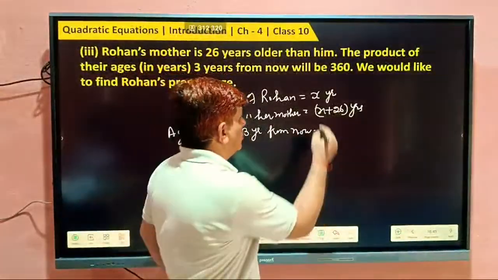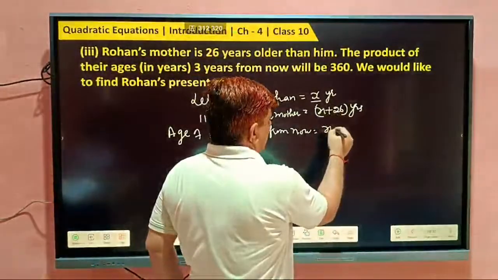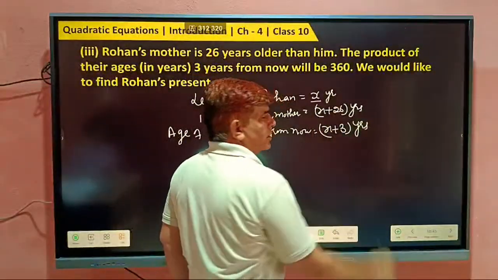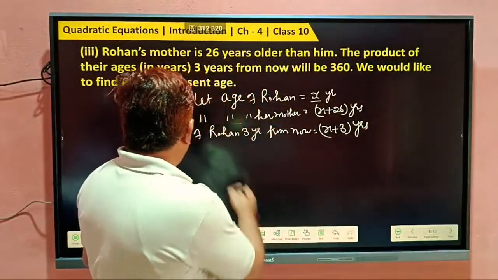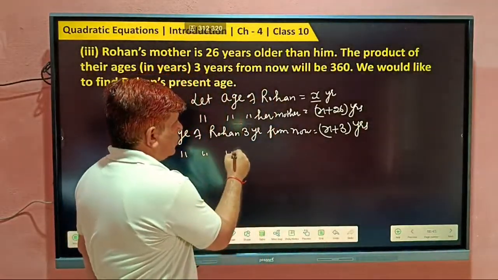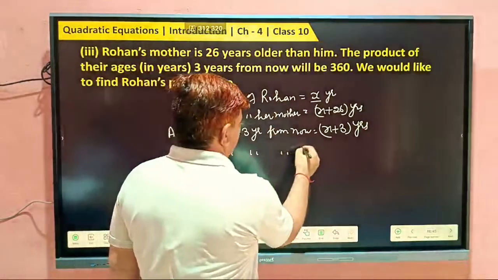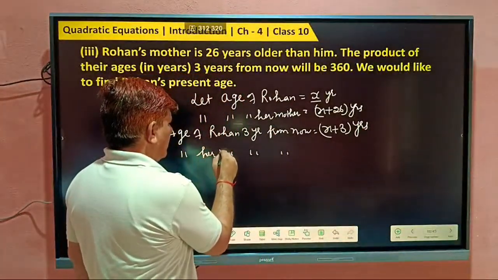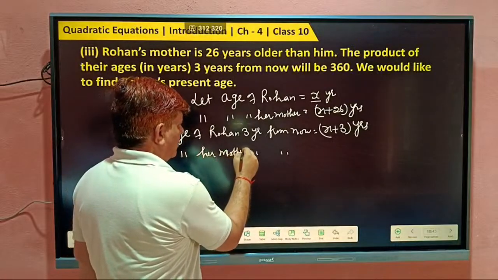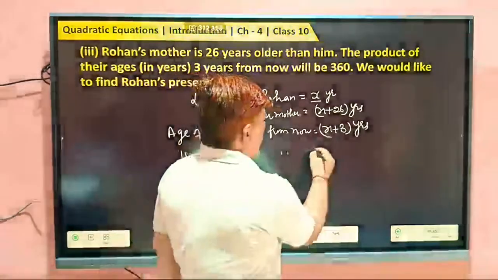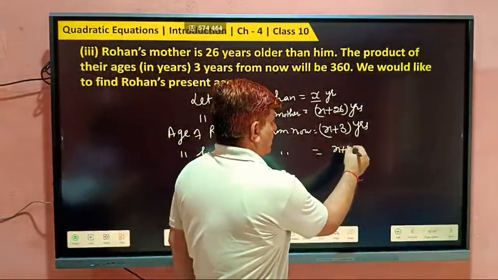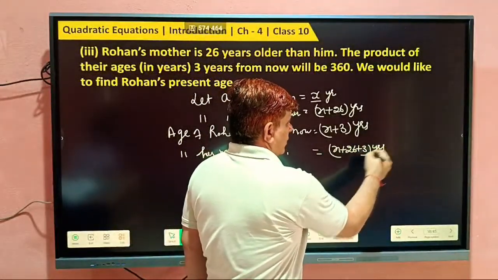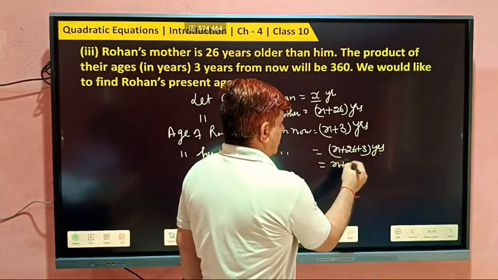So here, the age of Rohan is X. After 3 years, it becomes X plus 3 years. So the age of Rohan's mother after 3 years: add 3 to it. So it becomes X plus 29.